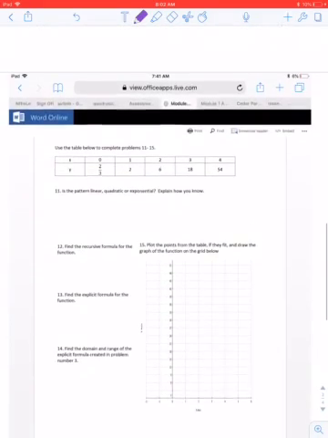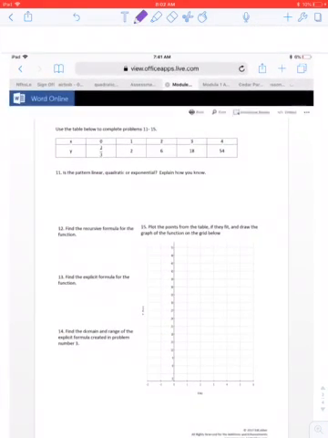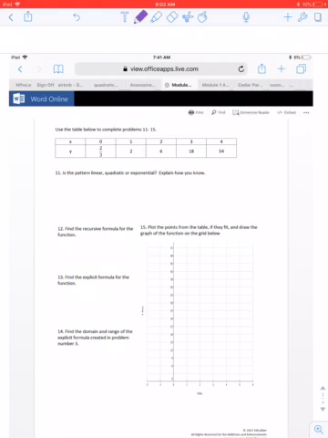Okay, number 11, let's look at what's going on. With this one, we're going from 2/3 to 2, 2 to 6, 6 to 18, and 18 to 54, times 3.